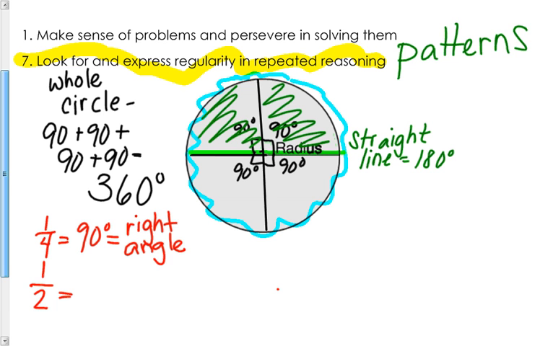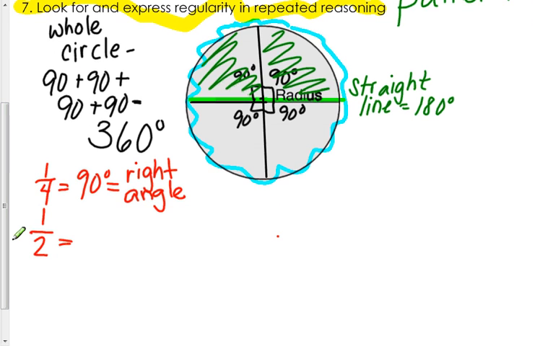How much is half? Well, I have two 90-degree angles, and two 90-degree angles is 180 degrees, or a straight angle, Tre'Vion, right? What is it called? A straight angle, that's right.